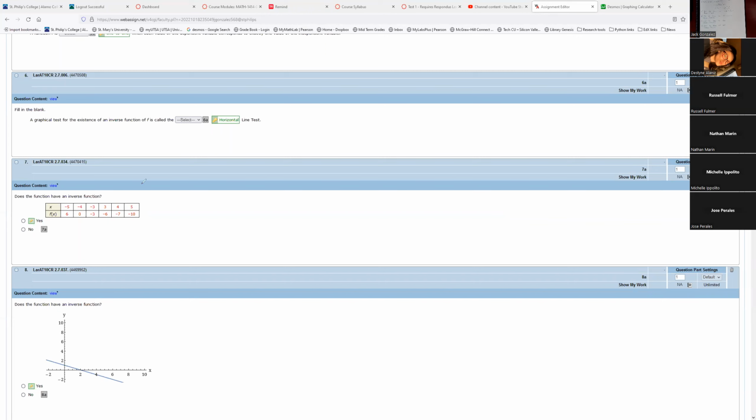The main thing I need you to remember is it needs to be 1-to-1, meaning every x value only goes to a different y value. Okay.